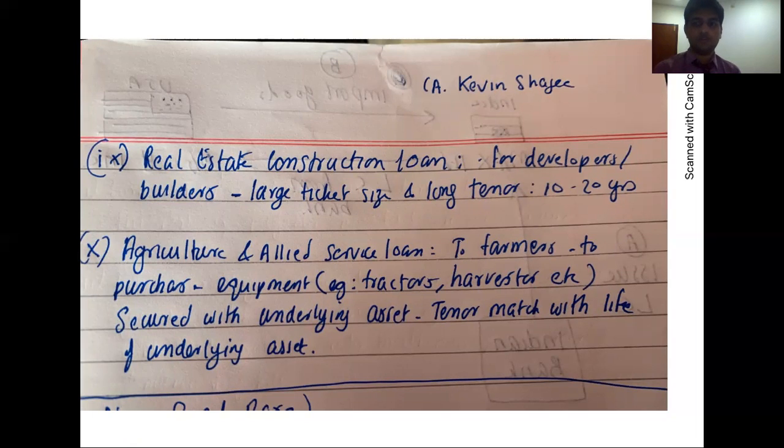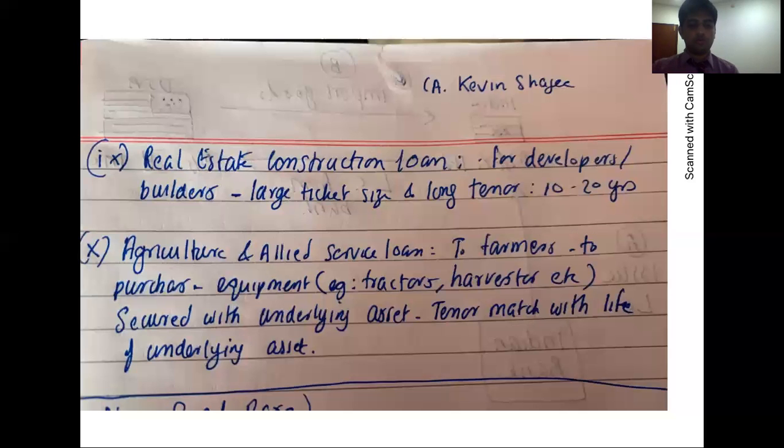This is a facility given to farmers for their long-term assets. So it will be secured against the underlying asset. For example, if they're purchasing tractors, tractors will be the collateral. So mostly the tenor will match the underlying asset. Say a tractor's life is 5 years, we'll be providing the facility for 5 years. Tractor's life will be more than 5 years, of course. If it is 10 years, then the tenor also will be 10 years only.